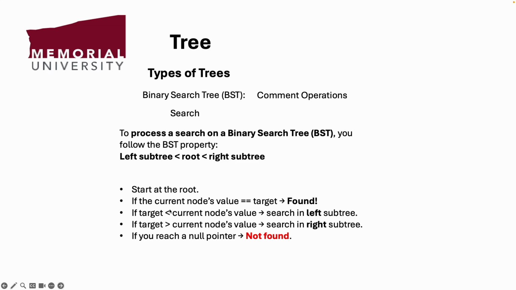Here we have a comparison, so we can ignore either the left subtree or the right subtree. So searching in a binary search tree improves efficiency a lot compared with the general binary tree.